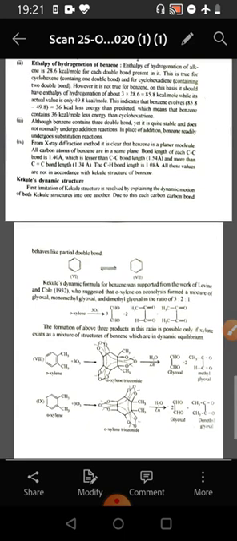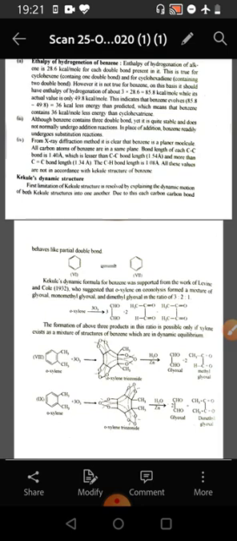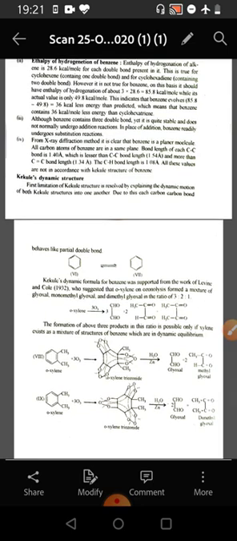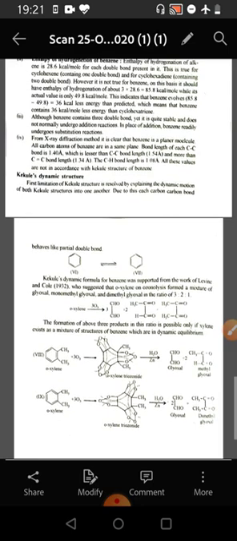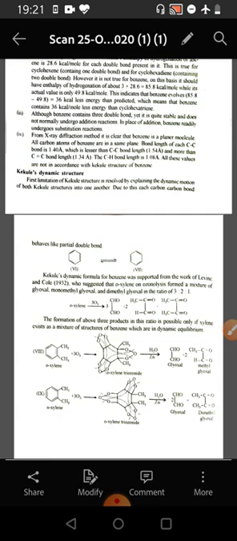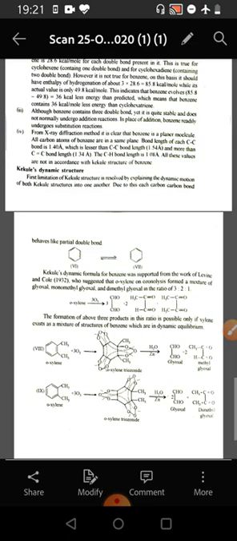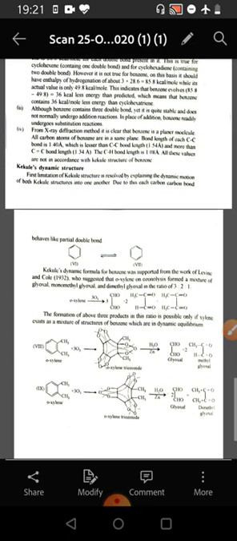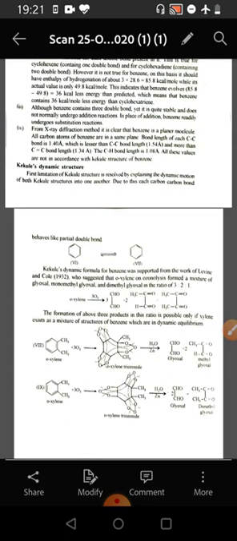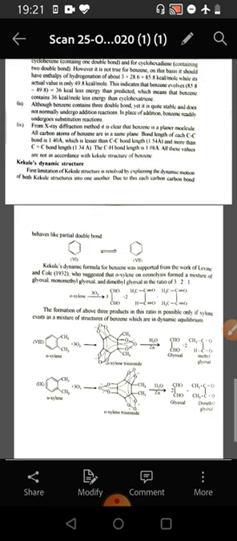The bond length of each carbon-carbon bond is 1.40 angstrom, which is less than the C-C single bond, 1.54 angstrom, and more than the C=C double bond length, 1.34 angstrom, and the C-H bond length is 1.08 angstrom. All these values are not in accordance with the Kekule structure of benzene.